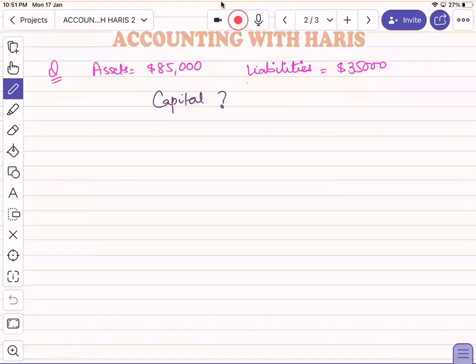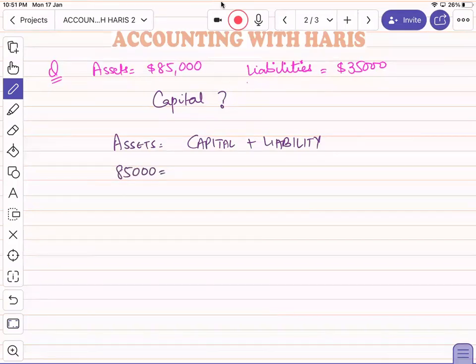Okay, we are given this question: assets equals 85,000, liabilities equals 35,000. So what is capital? We can use the same equation that we learned in the previous slide. Assets equals capital plus liability. So we know assets equal 85,000.